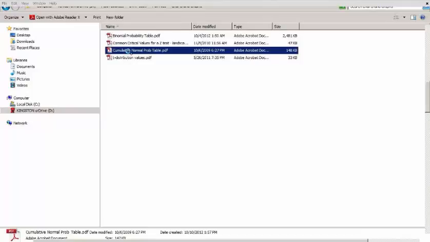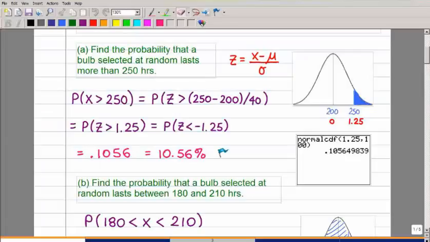0.1056. So by changing it over to the opposite sign, we got the answer directly. And it's 0.1056, or as a percent, it is 10.56%.